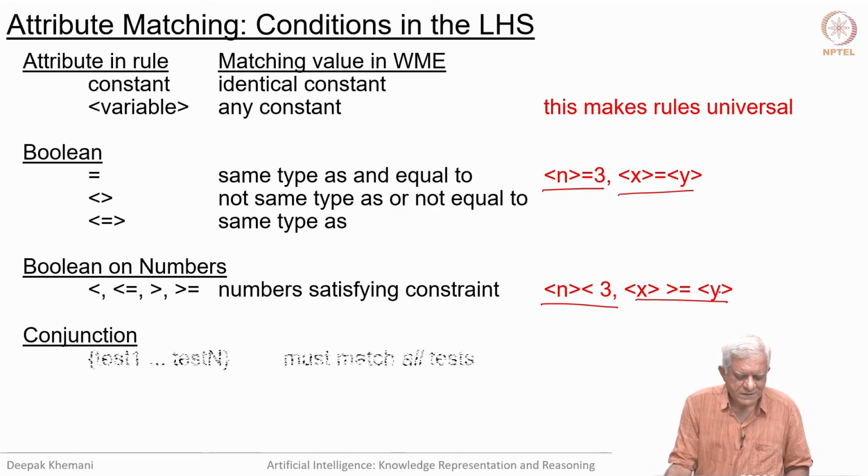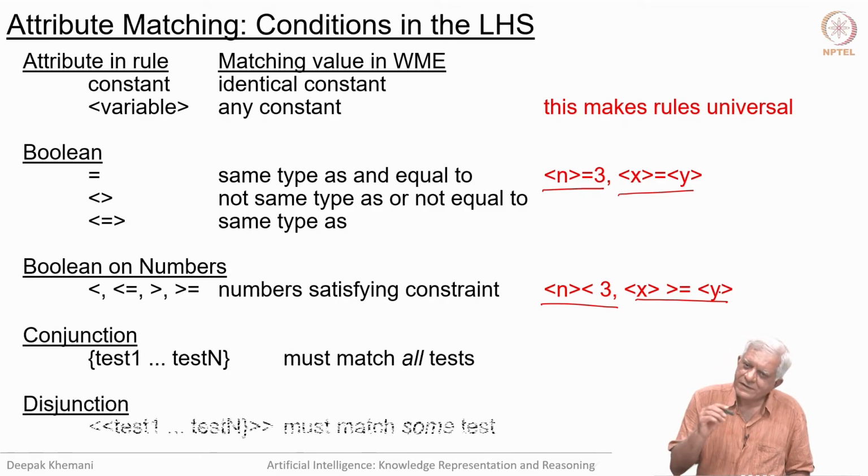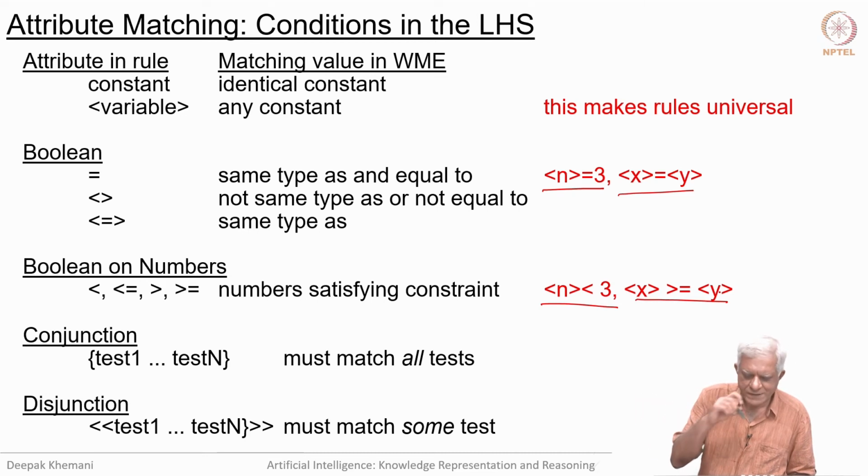We can do conjunction, that we have already mentioned, that if there are curly brackets with a set of tests, they do not have to be constants, they can be tests. So, for example, I might say the number must be greater than 25 and less than 43, then it would match.